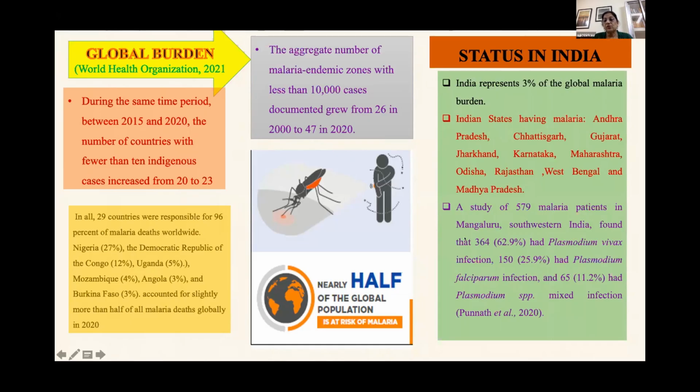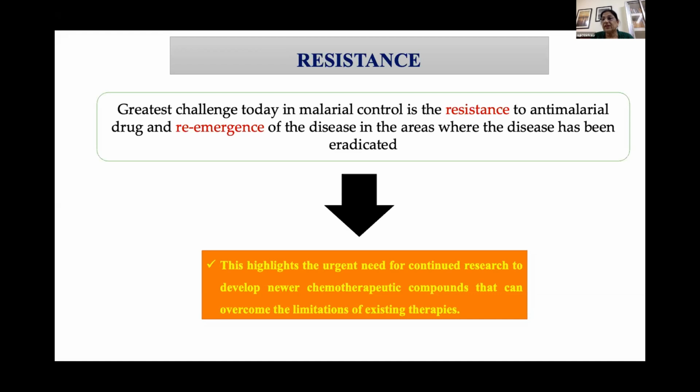A recent survey has also shown that out of the 579 malaria patients studied in southwestern India, 62.9% had Plasmodium vivax infection, 25.9% had Plasmodium falciparum infection, and 11.2% had mixed infection, which is a very alarming signal, given the rate at which these mixed infections are occurring. All of us are well aware that it is much easier to treat Plasmodium vivax infection, but Plasmodium falciparum causes a very deadly disease.